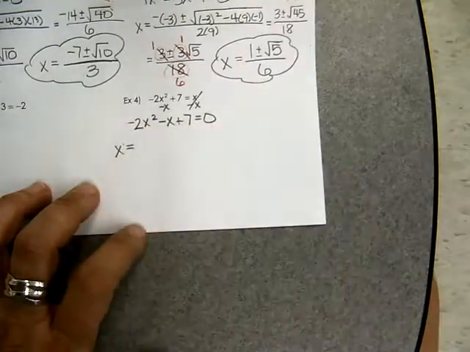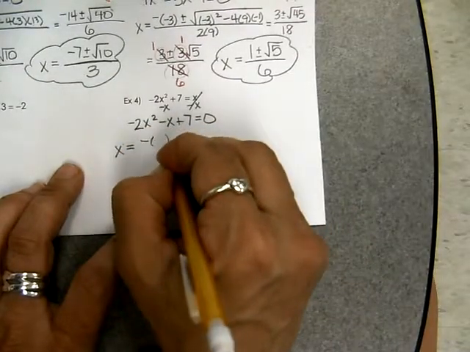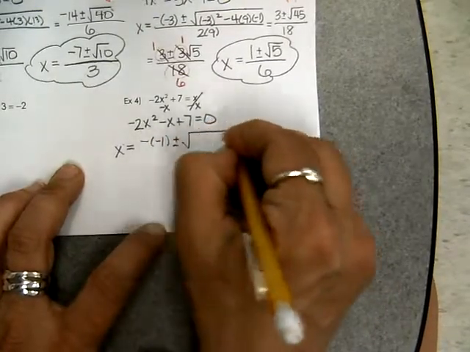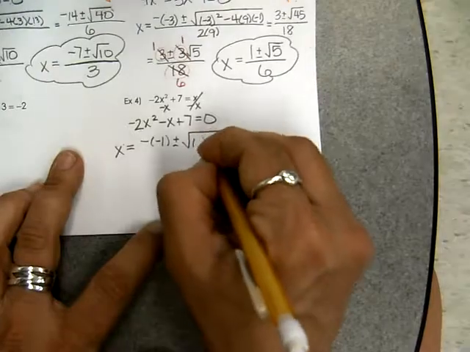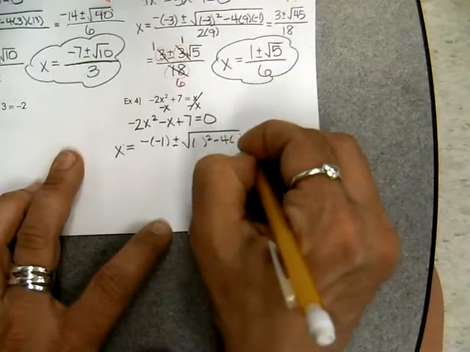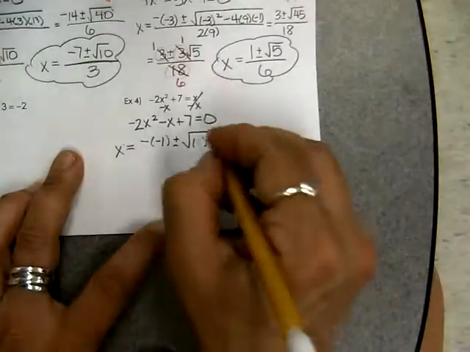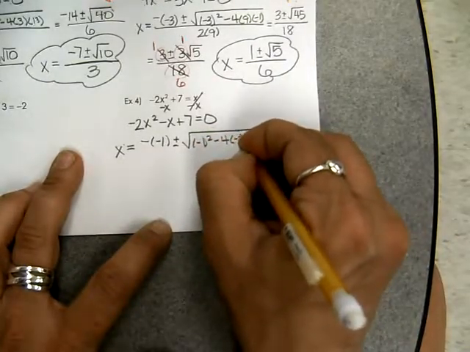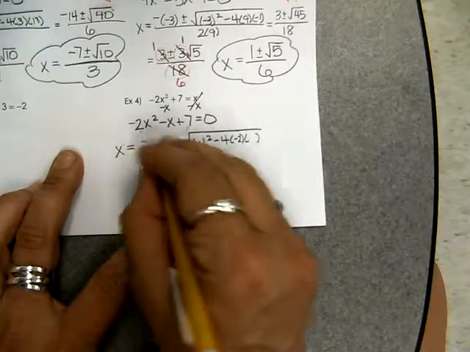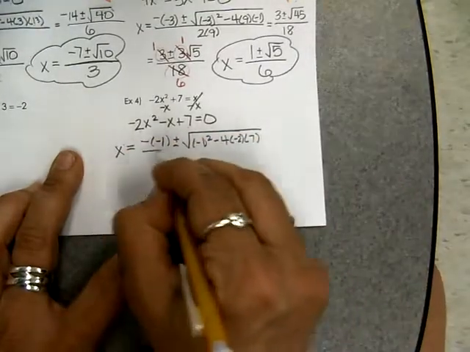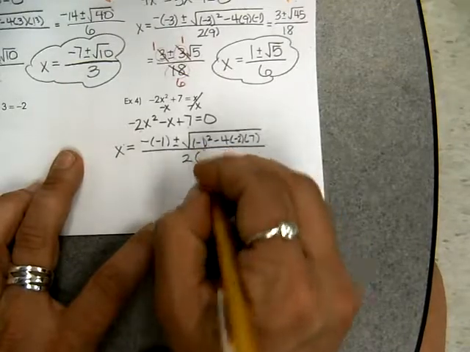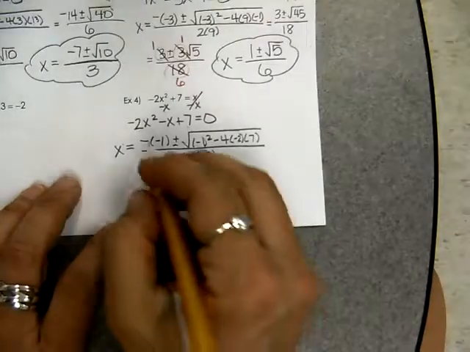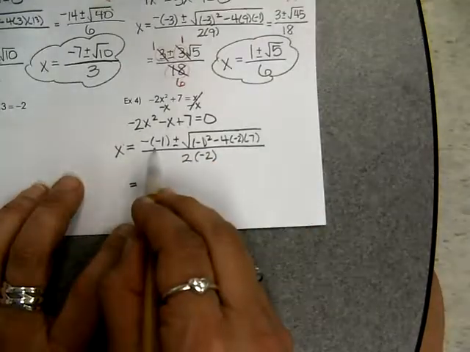X equals negative b. My b is negative 1, okay, plus or minus the square root of b squared minus 4ac. So negative 1 squared minus 4 times negative 2 times 7 all over 2 times negative 2. Okay? And so now we'll simplify our 3 parts.